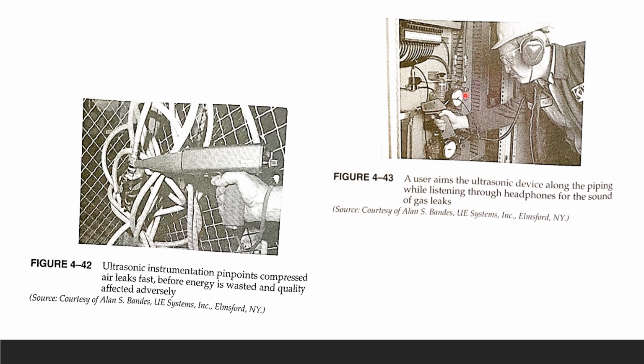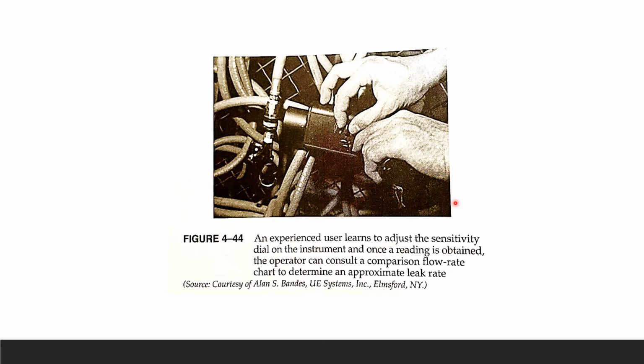It's only a part of your equipment. Okay, then experienced users learn to adjust the sensitivity dial on the instrument, and once a reading is obtained, the operator can consult a comparison flow rate chart to determine an approximate leak rate.